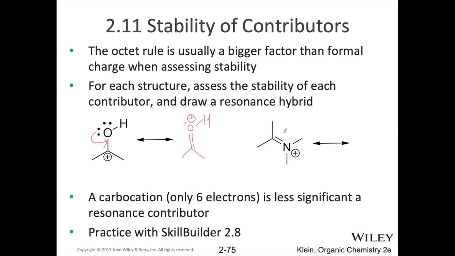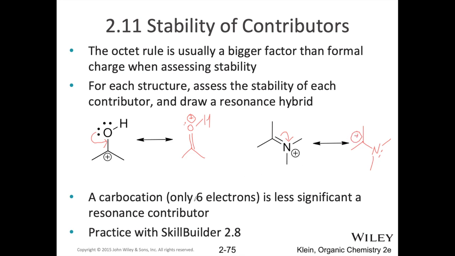Over here, we've got a positive formal charge, so we can swing these pi electrons over to that nitrogen. So its resonance contributor looks like this, which of course turns this into a carbocation. Again, we have a similar problem where we've gone from having a positive formal charge on a nitrogen, which is relatively electronegative, to having a carbon go under the octet rule.